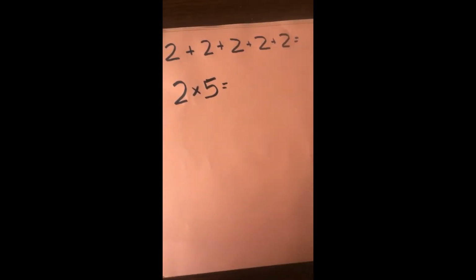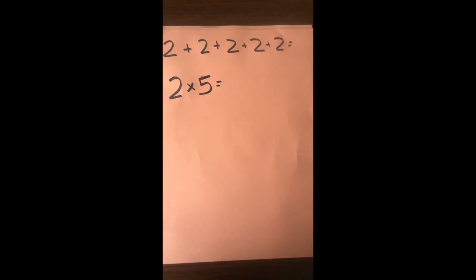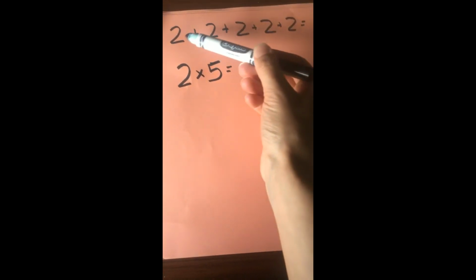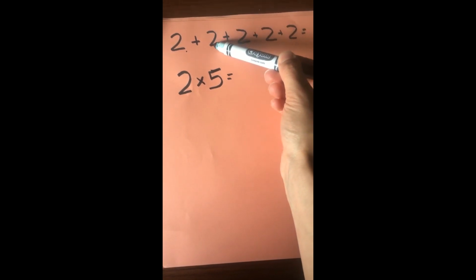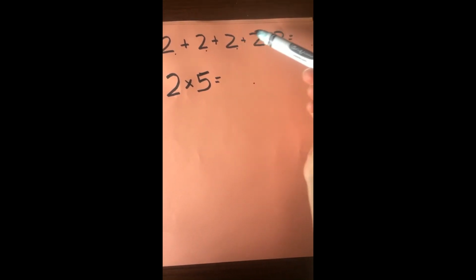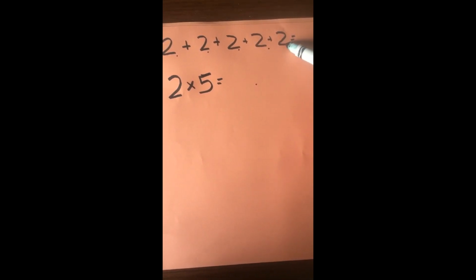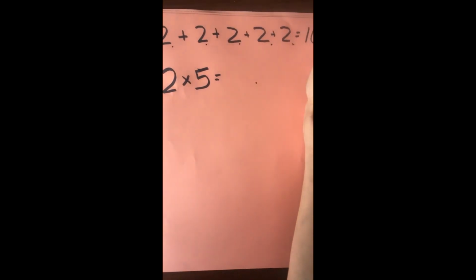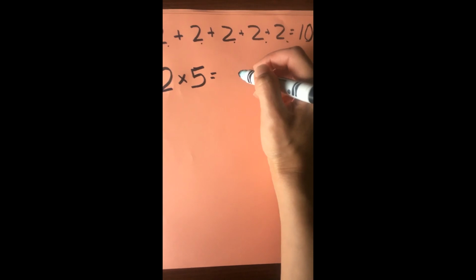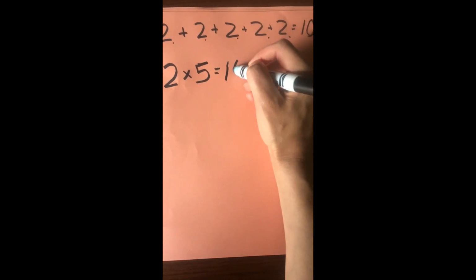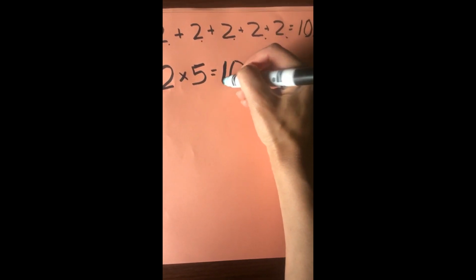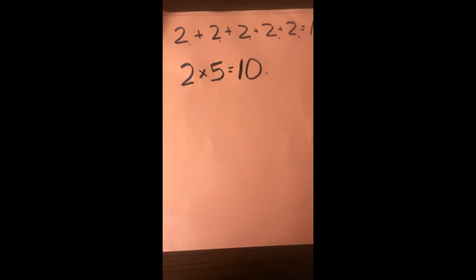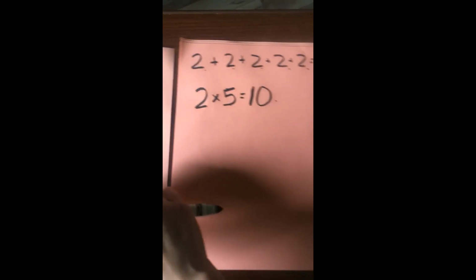And they both mean the same thing, and you're going to get the answer the same for both of them. Let's add them. 1, 2, 3, 4, 5, 6, 7, 8, 9, 10. And then we know that this one is 10. So we just did the addition for it. So 2 times 5 is 10. Or you can do 5 times 2. So you're doing 5 twice is 10.